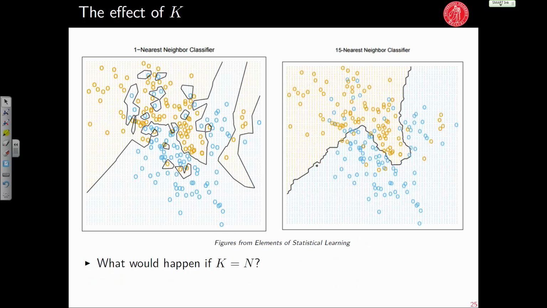And yeah, if we go back to this figure here, we're looking at the effect of k. If you have k equals 1, and these are your data points, the orange or yellow are one class and the blue are another class. With k equals 1 only, you end up with a decision boundary that also includes so-called islands.